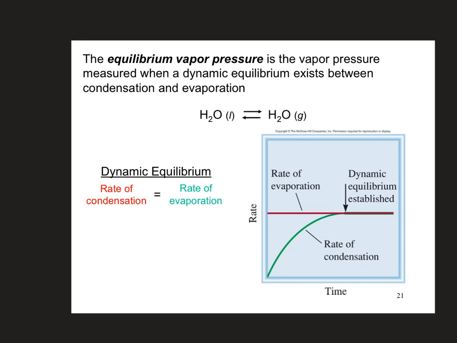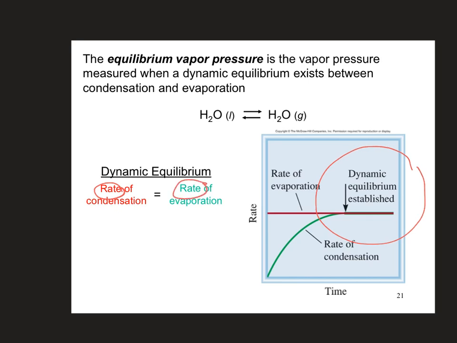And they reach a state called equilibrium. You'll grow to hate that word over the next few months. Equilibrium means the rate, or the speed, of the two processes is equal.